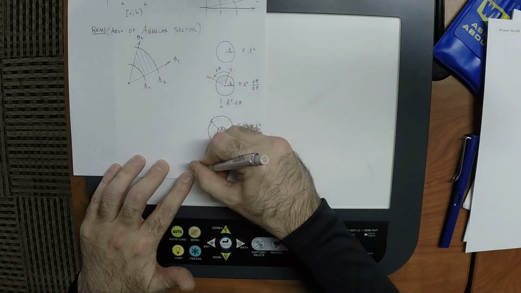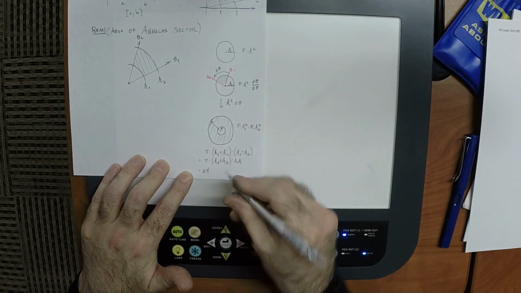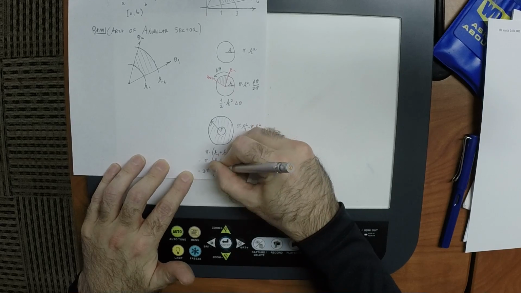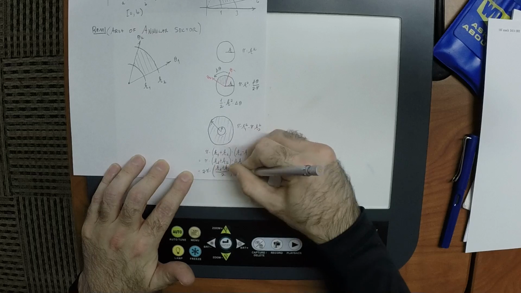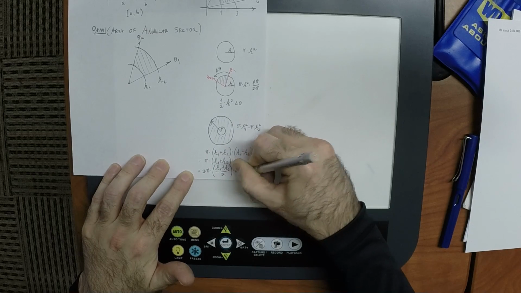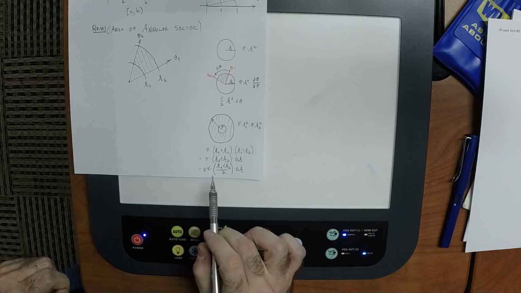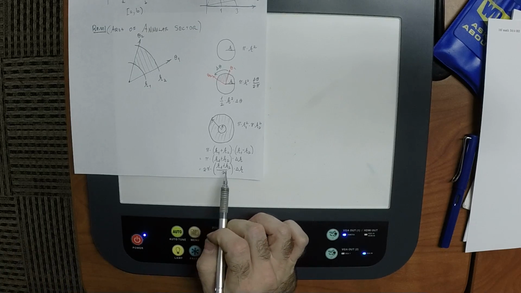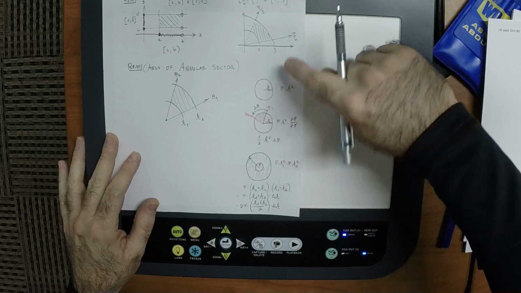So this is twice pi, multiplied by r1 plus r2 over 2, and then delta r like that. So the formula for the area of an annulus is twice pi times the average radius times the change in the radius.